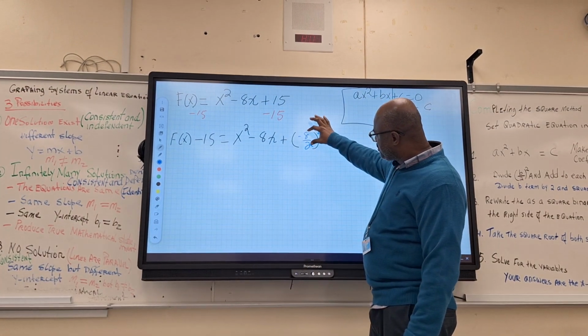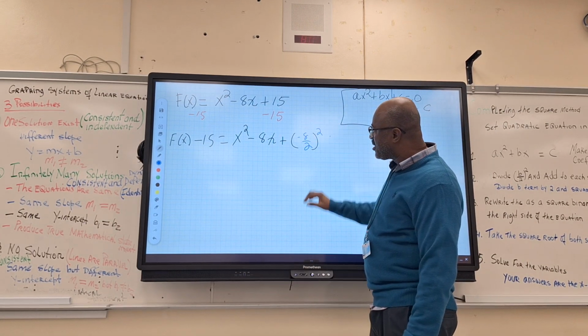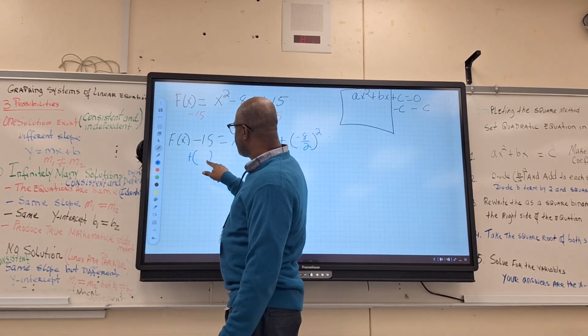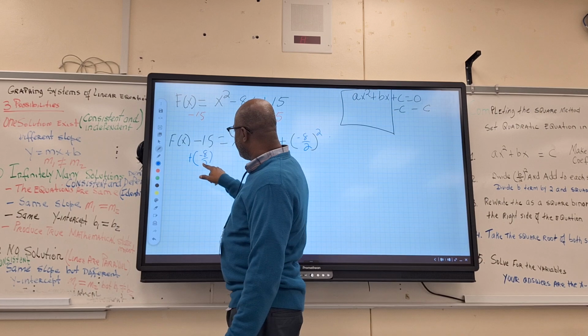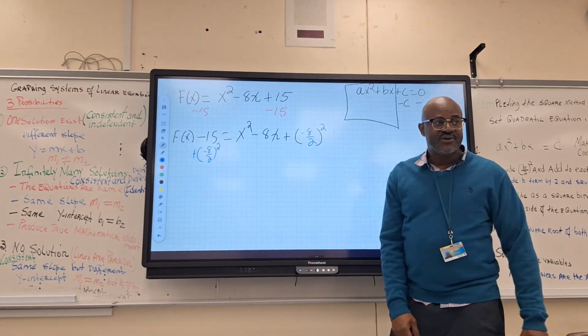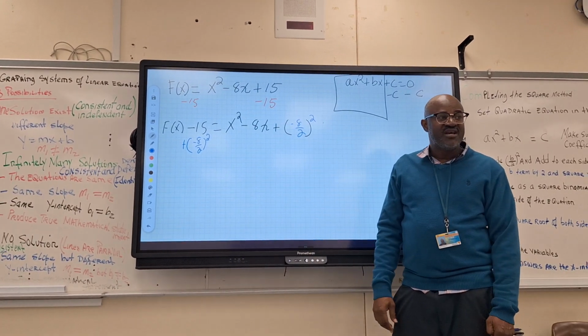In this case, I take the b term, which is negative 8, divide by 2, then I square it. I must add that on each side. So I'm going to do the same thing on the other side. I will have negative 8 over 2, then square that. So far so good? In this case, it's going to be much easier because a is 1.